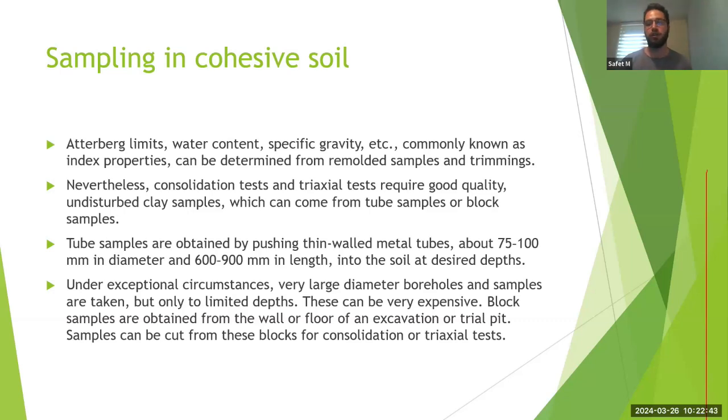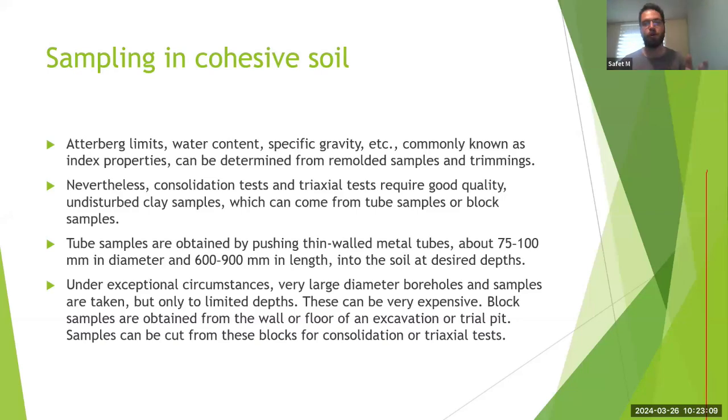So in reality, if you're looking to get Atterberg limits and water content and similar properties, we don't need to have undisturbed samples. We can just send any type of sample that we get on site. It can be disturbed, it can be damaged. What is important is to keep the natural water content. So just wrap it with foil and send it to the lab.